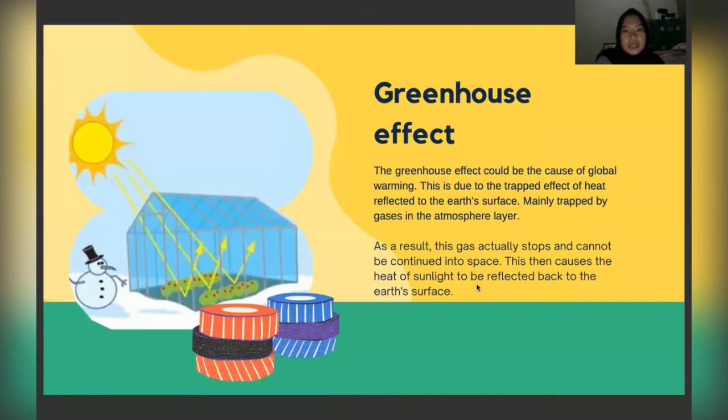And the next is the greenhouse effect. The greenhouse effect could be the cause of global warming. This is due to the trapped effect of the heat reflected to the Earth's surface, mainly trapped by gases in the atmosphere layer. As a result, this gas stops and cannot continue into space.